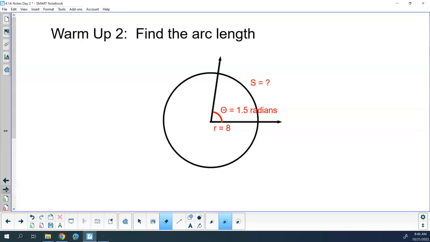So, kind of an offshoot of that, if my central angle is 1.5 radians, and my radius is 8, what is my arc length? 12, because 12 is 8 times 1.5.